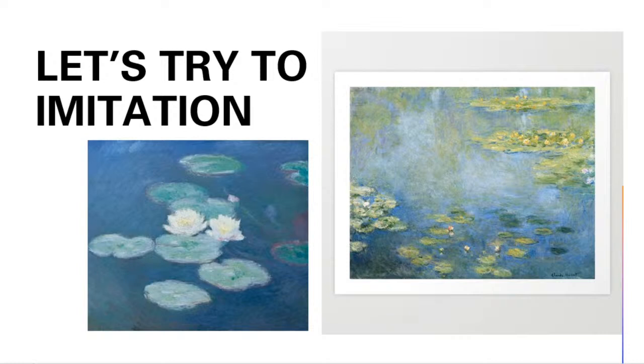That will be cool. We will do some water texture, with flowers on top, and we will add some creativity, not doing exactly the same as the picture. So I think that would be cool.